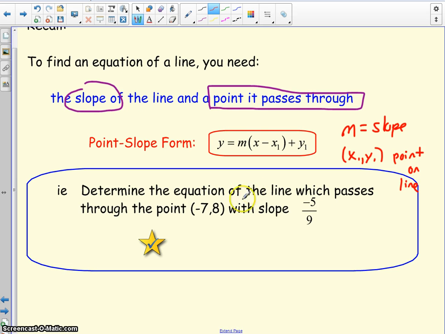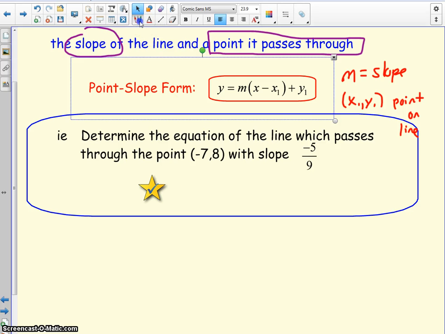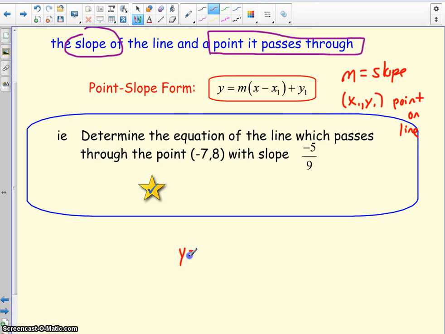So just to practice here, let's say I'm giving you a slope and a point. I want the equation of a line that passes through the point negative 7, 8 with slope of negative 5 over 9. Well, here I have my slope, here I have my point. So taking this form right here, let me just write it out.